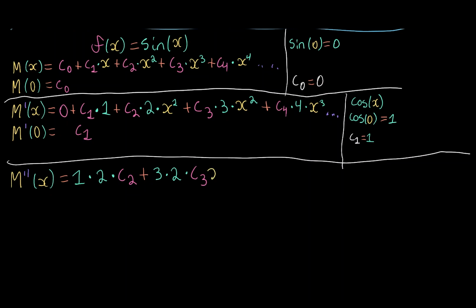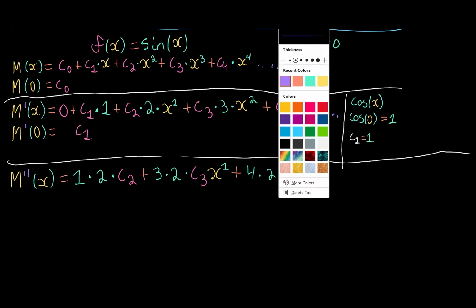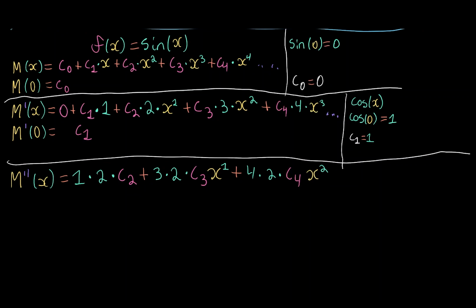Actually, we don't need to write the x there, or the times symbol. To the power of just 1, we can just write that like so, just to make it obvious. Plus 4 times 3 times C4 times x squared plus, and so on. You should get the pattern by now.